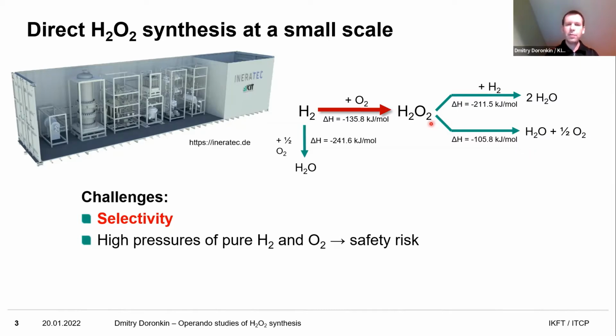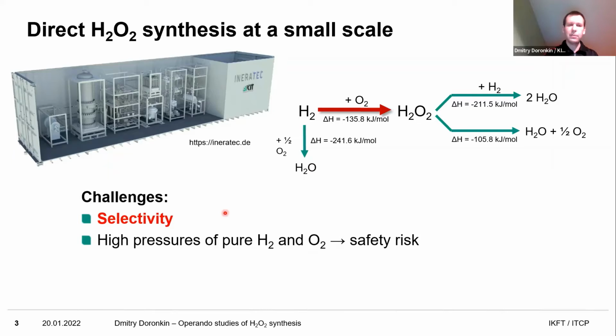And there is another problem. Hydrogen and oxygen can react directly without making hydrogen peroxide, but instead, if we're talking about gaseous reactants, making an explosion. That's definitely not what we want to do. So we need to solve all those problems.